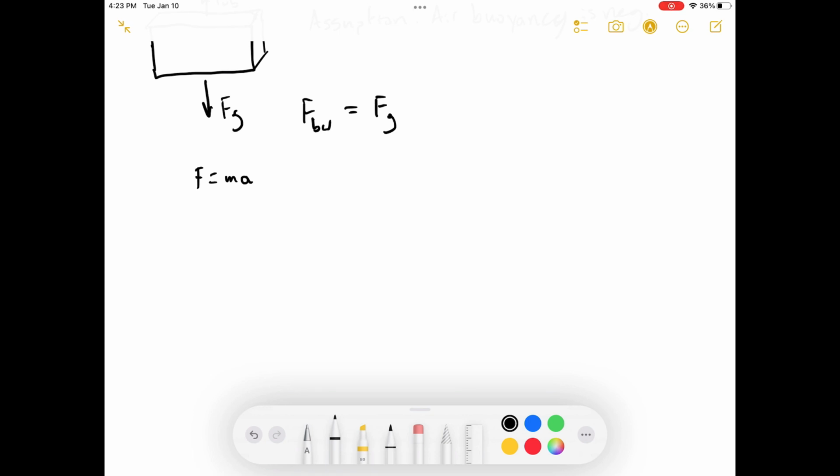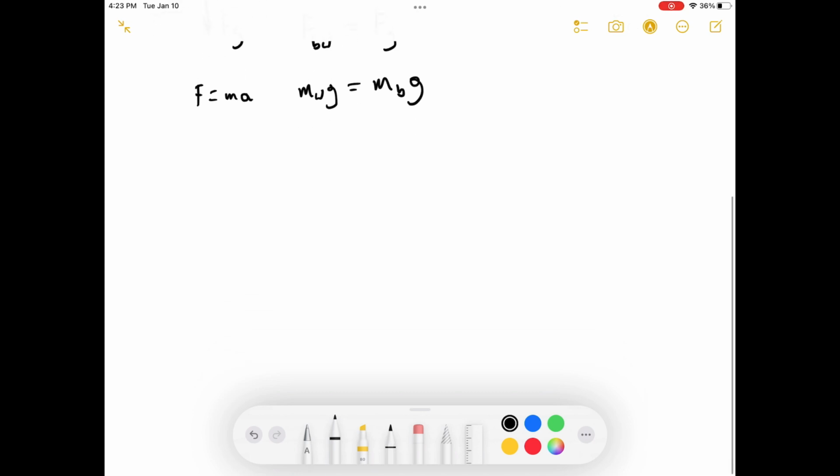And so the force equals the mass of the water displaced times the acceleration due to gravity. And the force of the weight equals the mass of the block. We don't know what the block is made out of, so I'll just call it B, times gravity equals the force.